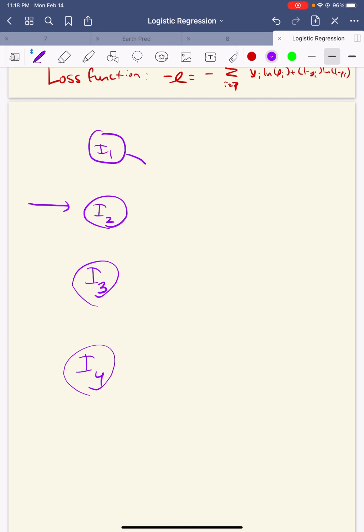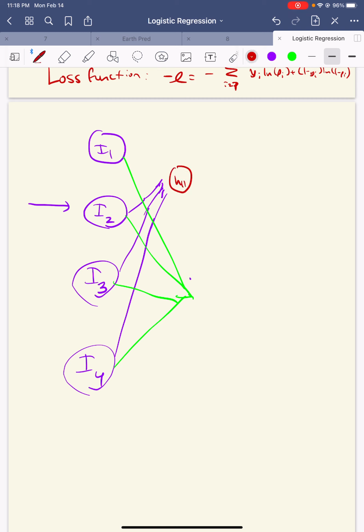We do some complicated task. Let's do a different color to show. We do some complicated task. And then so on, and we have tons of hidden layers.